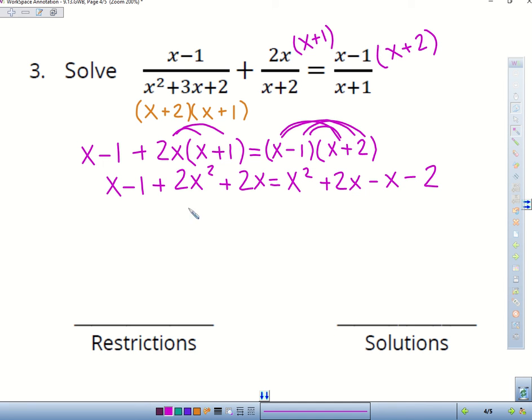Now we're going to combine like terms on each respective side. This gives me 2x squared plus 3x, that's these, minus 1 equals x squared plus x minus 2.